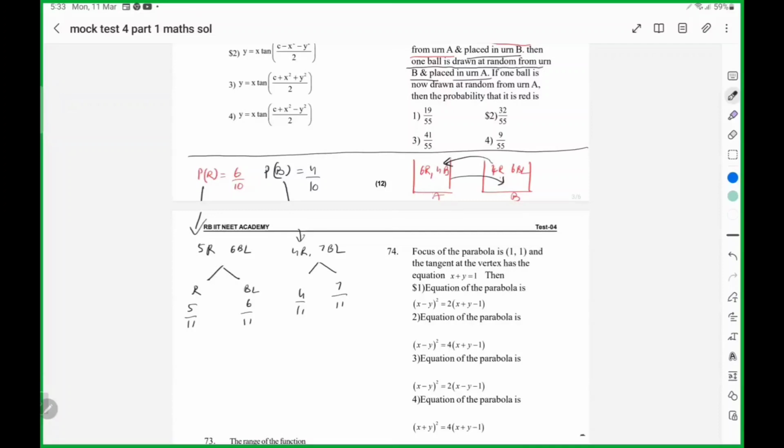Now in this case urn A, after transferring a red ball, there are 5 red and 6 black. So if we again transfer a red ball, here you will have 6 red and 6 black. Here 5 red, right.